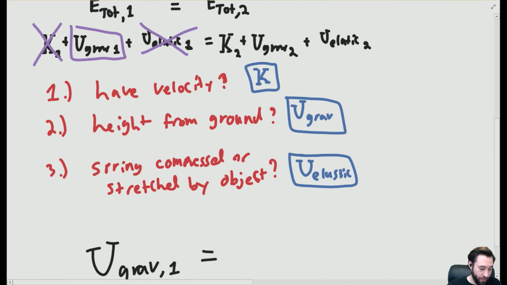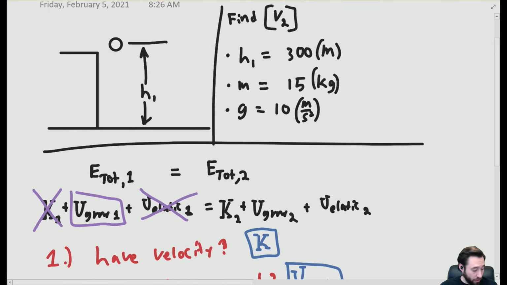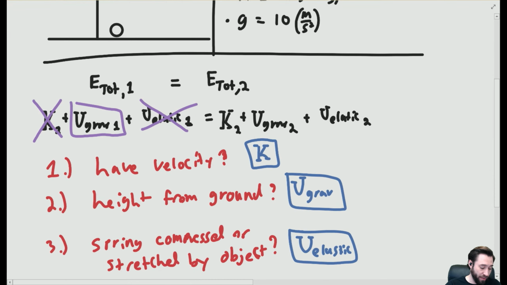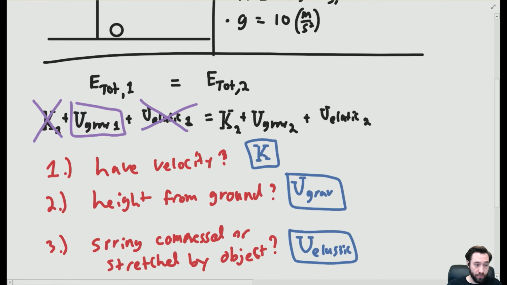Cool. Now, at state 2, the ball has traveled all the way down here. And this is going to be at the instant right before it touches the ground. So does the object have a velocity at state 2? So this is the instant right before it hits the ground.